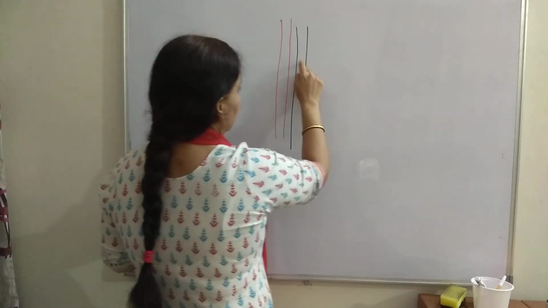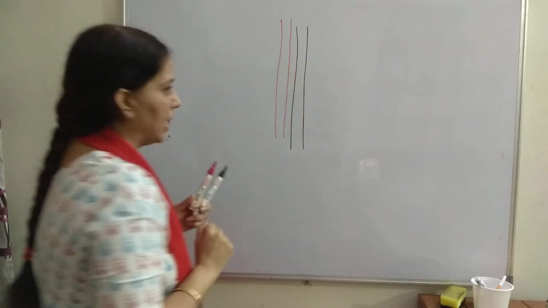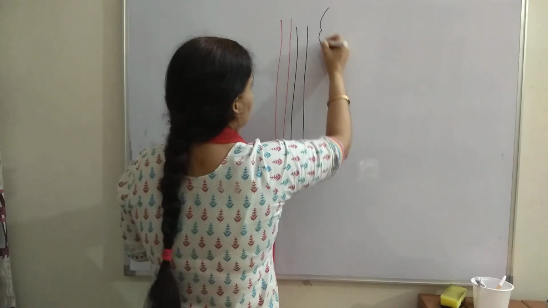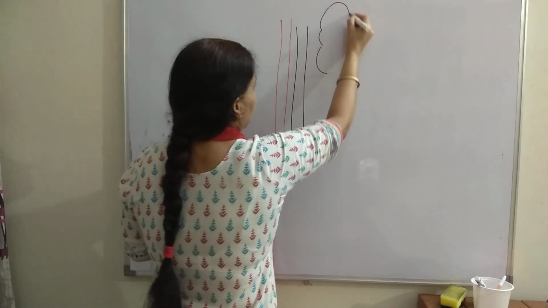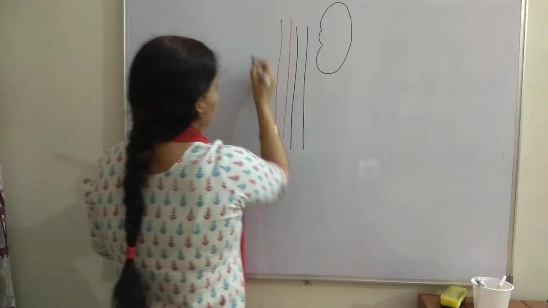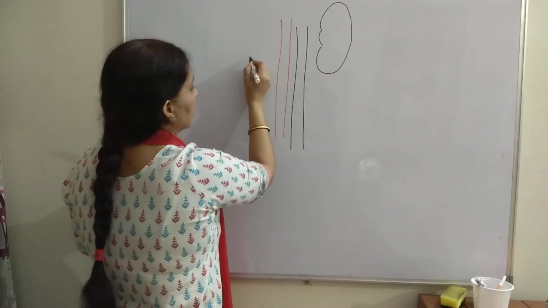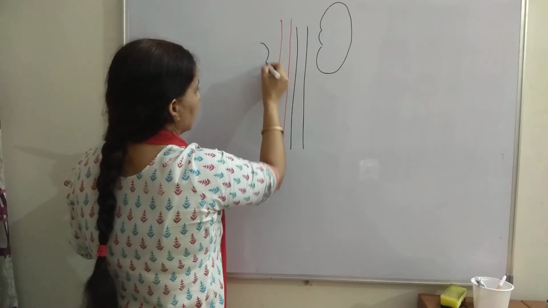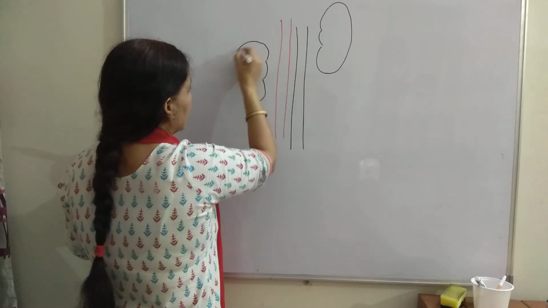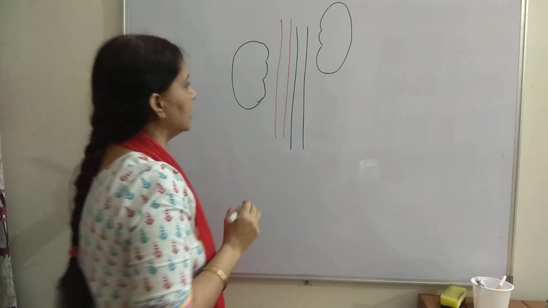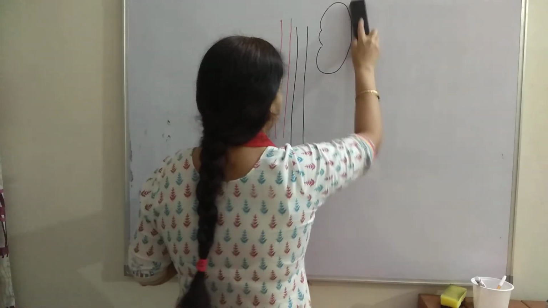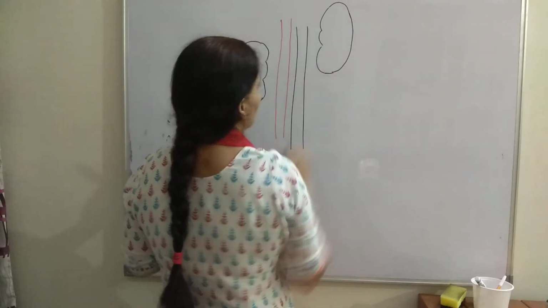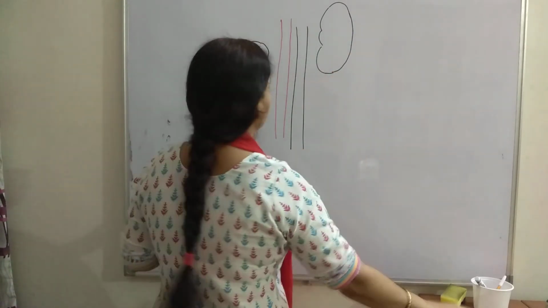This black one is the vena cava and this red one is the dorsal aorta. Then on the other side we have another kidney, and you can see the location of both kidneys is slightly different. The left kidney is slightly higher than the right one.